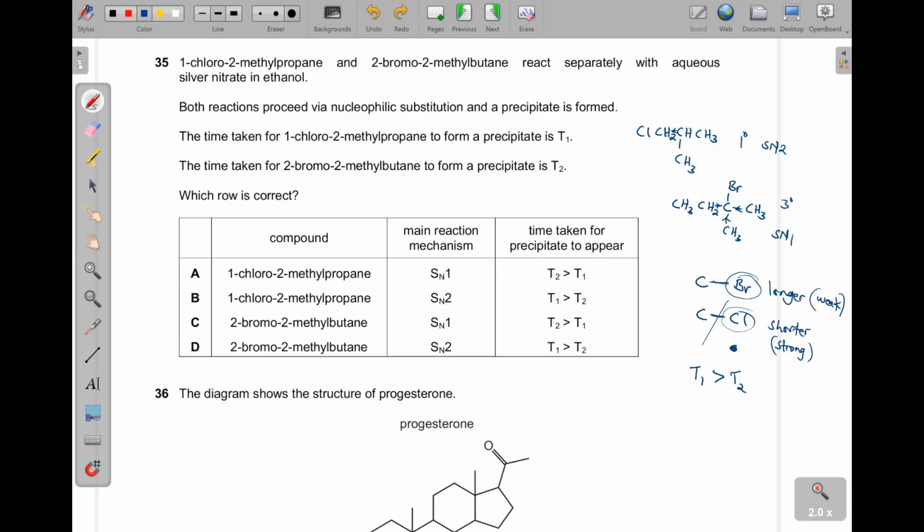First of all, this 1-chloro-2-methylpropane undergoes SN2. You see SN2? Then T1 is greater than T2. That's what I've written here, so even this one is correct. So our answer is going to be B.